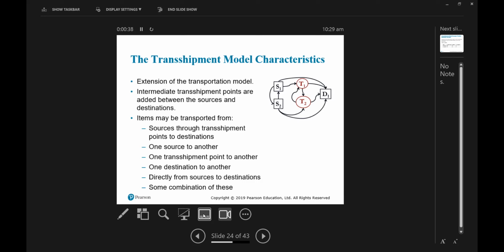In other words, instead of just shipping it straight from the elevators to the mills, you may be required to ship it from somewhere to the elevators themselves. So you are shipping the goods from the farm sources, and then you move them to the grain elevators, and from the grain elevators, you now move them to the destinations. So in that case, you have what we call a transshipment problem.